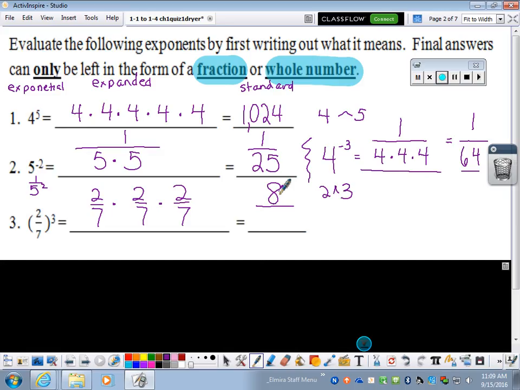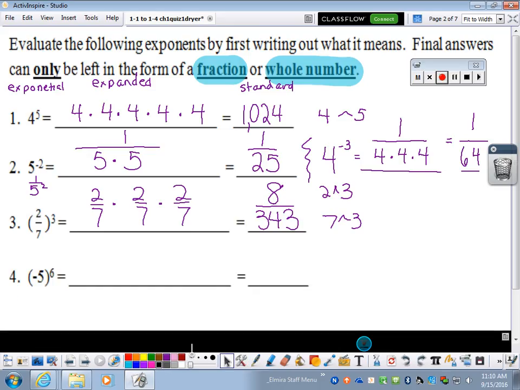And then 7 caret 3, and you will get 343. You can also, if you know how to use the fraction keys on your calculator, type this in and it'll get you 8 over 343 on your calculator if you know how to do that.